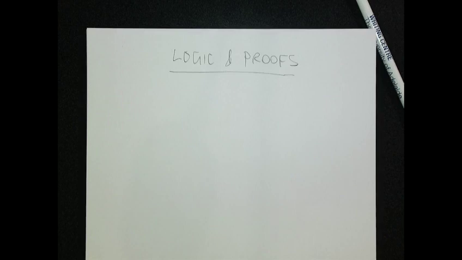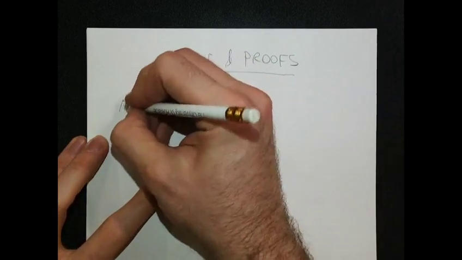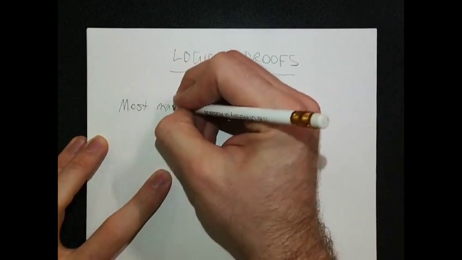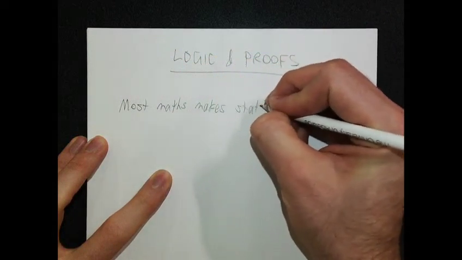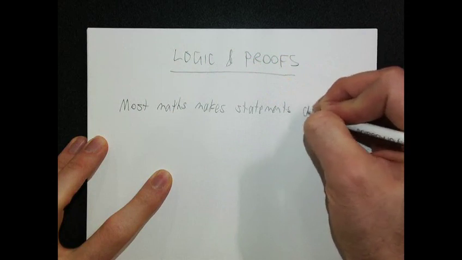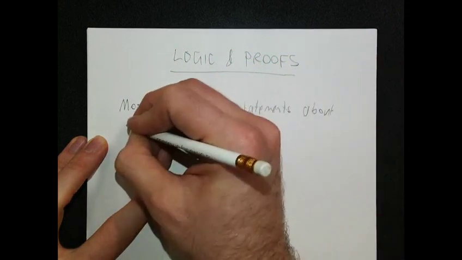Okay, so logic and proofs, mathematical logic, is where you make statements about statements, as opposed to statements about objects. So I'm going to write that down. Most maths makes statements about objects.